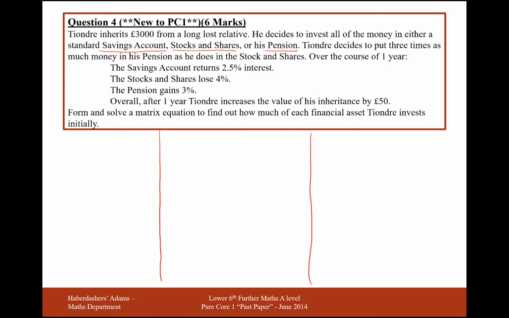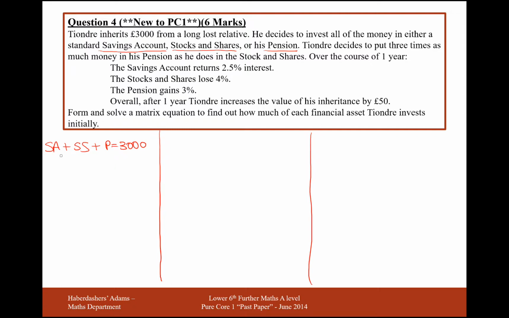So what we need to do first here is to create those 3 equations as we have 3 variables, and invert that matrix. So what we have first is the total amount of each of the savings schemes: stocks and shares add savings account add pension equals 3,000.